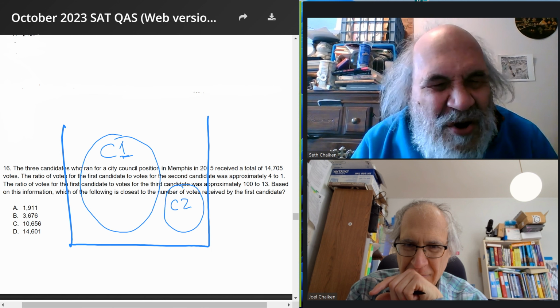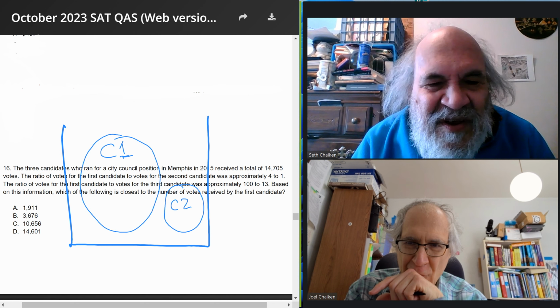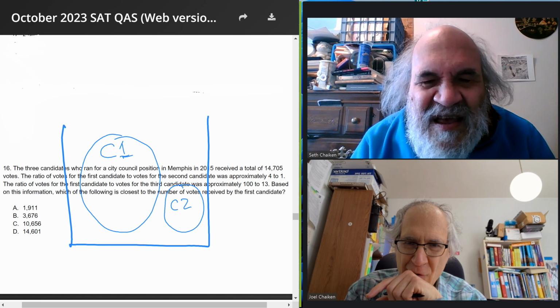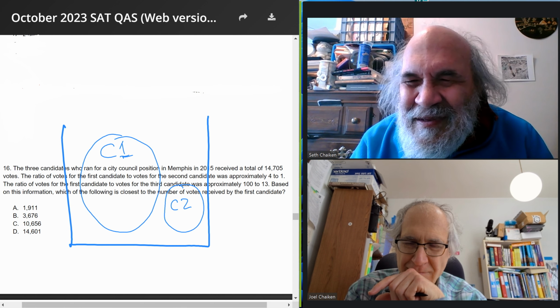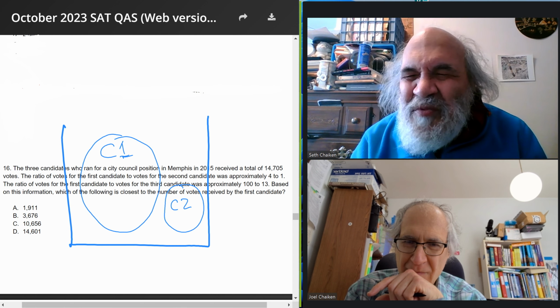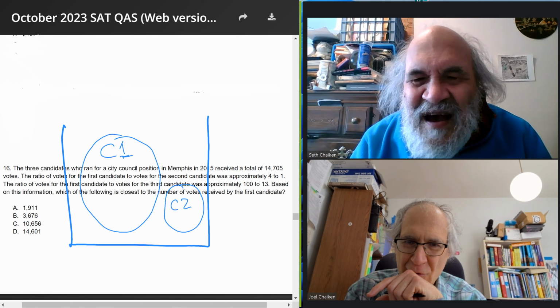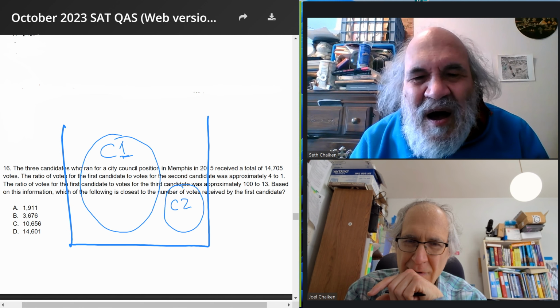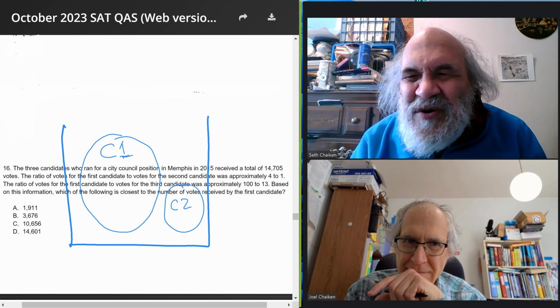Now let's look at the ratios involving the other ratio. The ratio of the votes of the first candidate to the third candidate is 100 to 13. That means for every 10 votes the first candidate got, the third candidate only got about 1 1/3 votes.